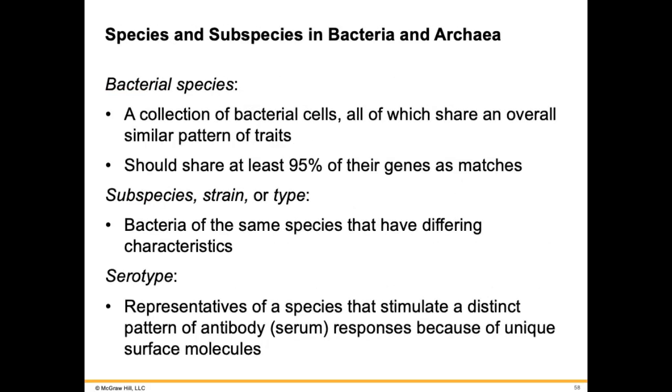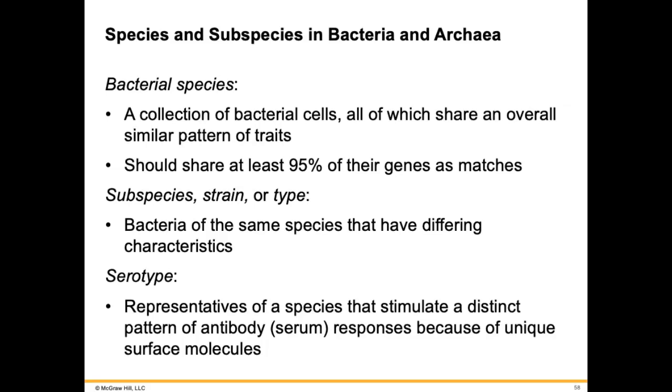So, species and subspecies in bacteria and archaea. We have bacterial species, a collection of bacterial cells, all of which share an overall similar pattern of traits. They should share at least 95% of their genes as matches. Subspecies, strain, or type refers to bacteria of the same species that have differing characteristics.